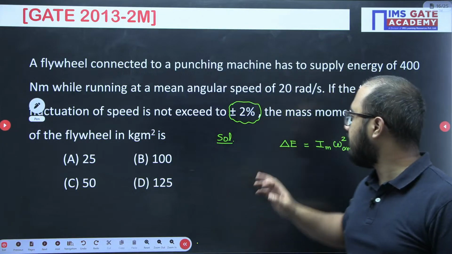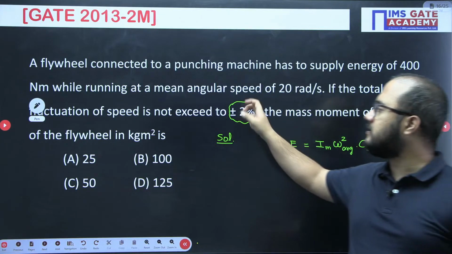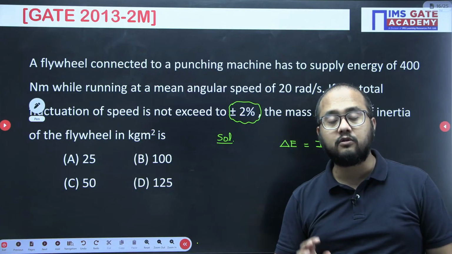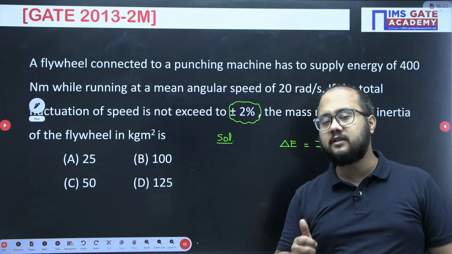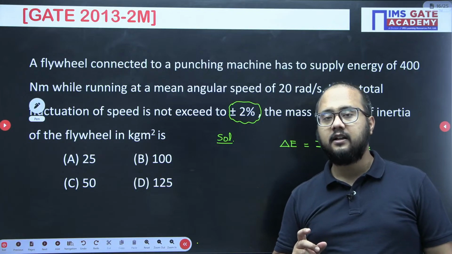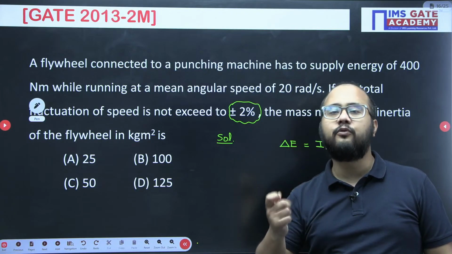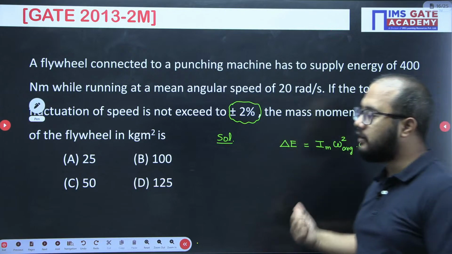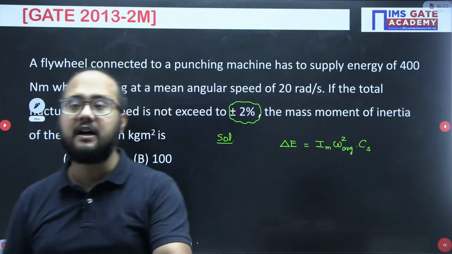We do not give attention to this minus plus sign. From minus 2% to plus 2%, in total the percentage is 4%. And 4% means 0.04 value. So you put that 0.04 value here and you will get the answer for Im, that is the mass moment of inertia.